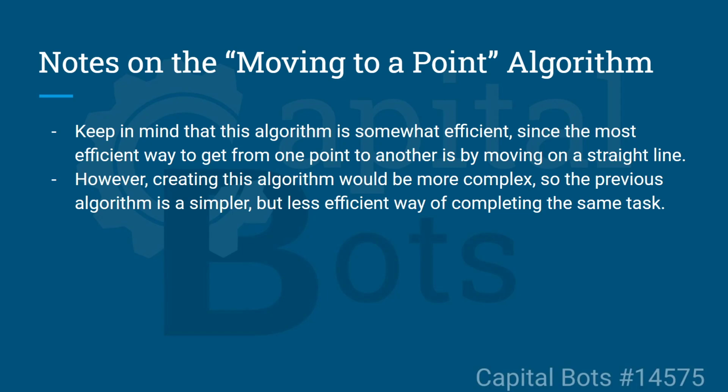Just something to keep in mind for this algorithm is that there are actually multiple ways to move to a point. For example, the most efficient way of getting from one point to another is just a straight line, not doing two lines at a time, which is sort of what we did.